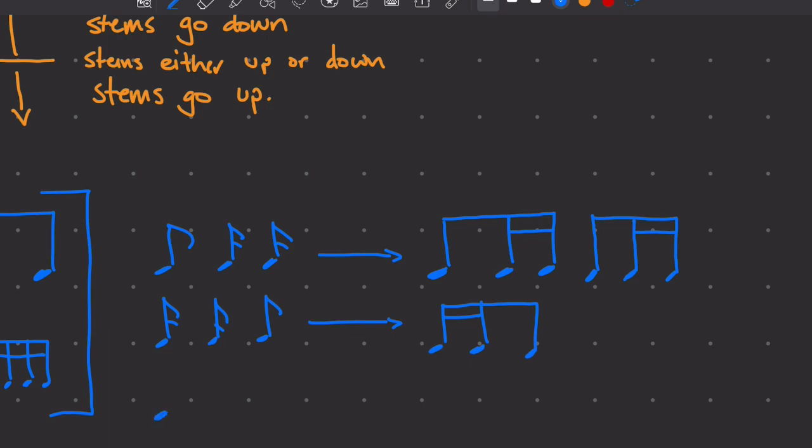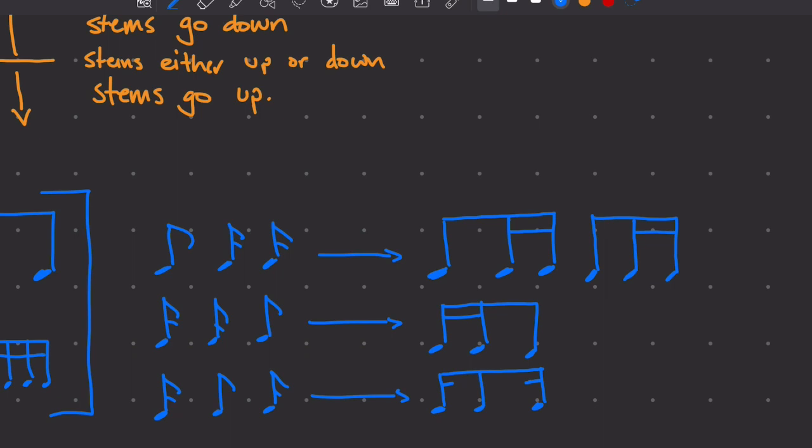If I have a 16th note, an 8th note, and a 16th note, now I would need to break up my beam lines. So I still try to keep the spacing the same, but now I only add part of the beam for the 16th notes.